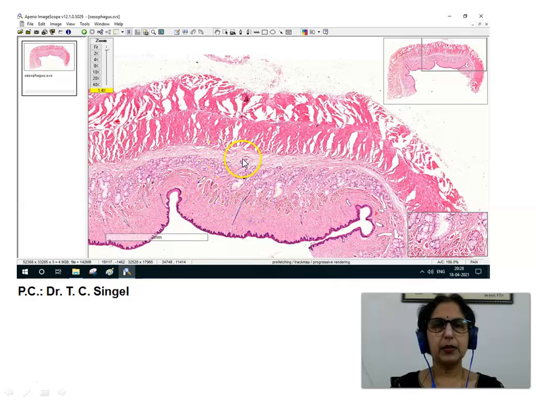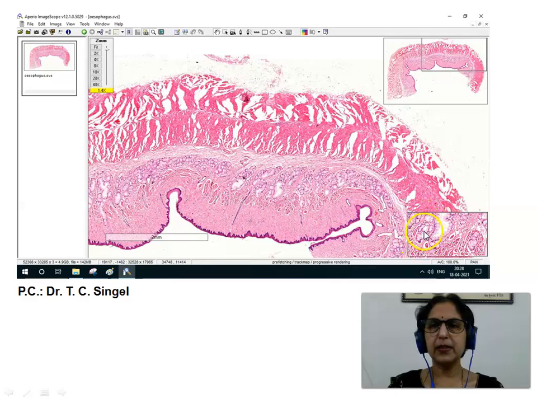This here is the submucosa, showing the mucus acini, part of the tubuloalveolar mucus secreting glands which are seen in the submucosa. Next we see the muscularis externa, inner circular and outer longitudinal layers, and outermost is the adventitia or serosa. A high power view here shows us the mucus acini which are seen in the submucosa.